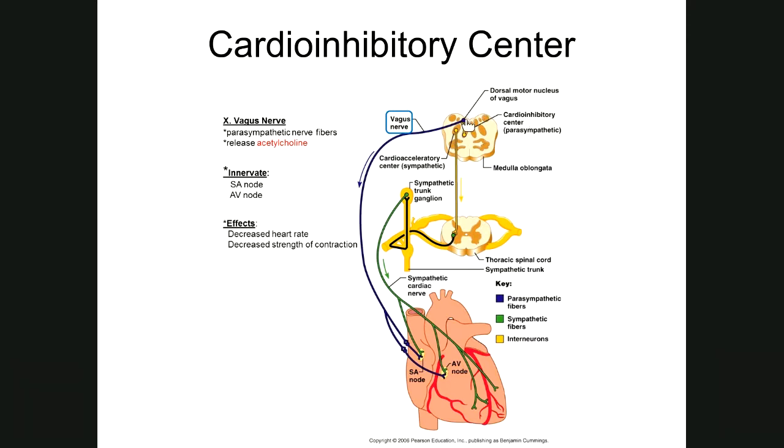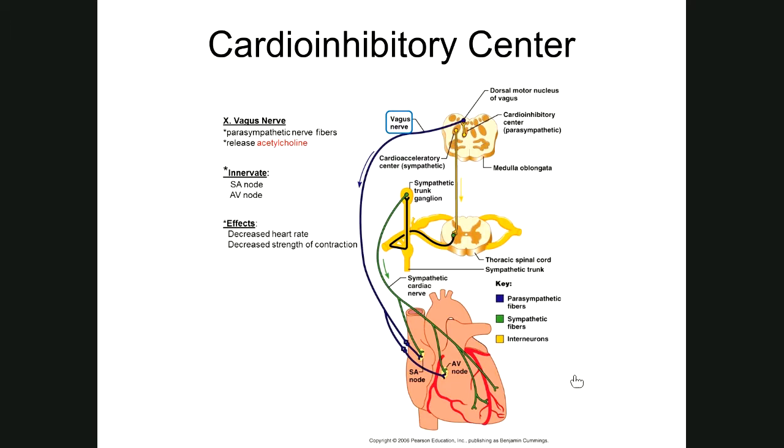It's going to slow the heart down. There goes the vagus, and it's innervating the SA node and the AV node and making it harder to reach the threshold. So it's going to raise the threshold, make it harder to reach. The effects are decreased heart rate and decreased strength of contraction. So it's going to slow the heart down to lower the blood pressure.